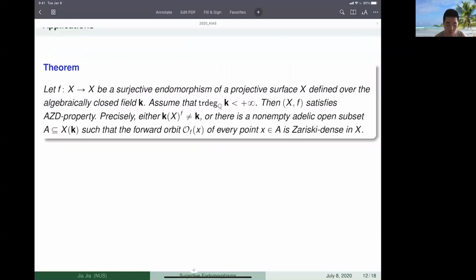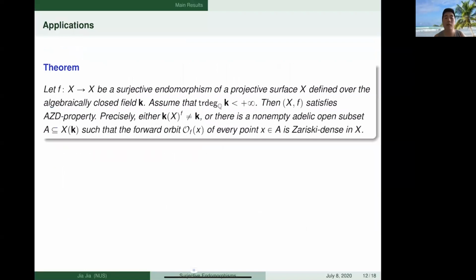Using this main theorem and the corollary, we can have the following applications. The first one: let F be a surjective endomorphism of a projective surface. We don't require X to be normal, it's just a projective surface. By the universal property of normalization, we can lift the original F to the normalization of X. For our algebraically closed field K, we assume the transcendence degree of K over Q is finite.